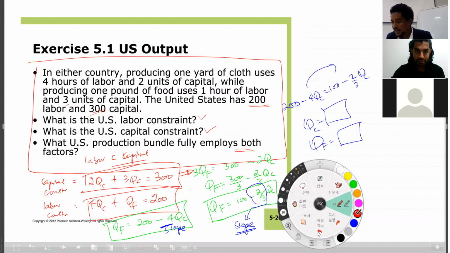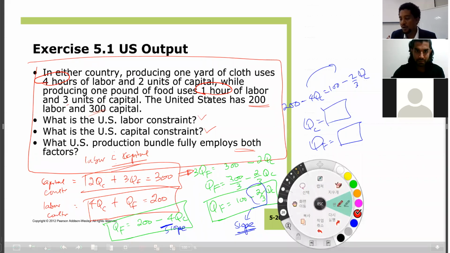Which one is labor intensive and which one is capital intensive? For example, you see here it says to produce clothes you use 4 units or 4 hours of labor, right? But to produce food, you need 1 hour of labor, right?